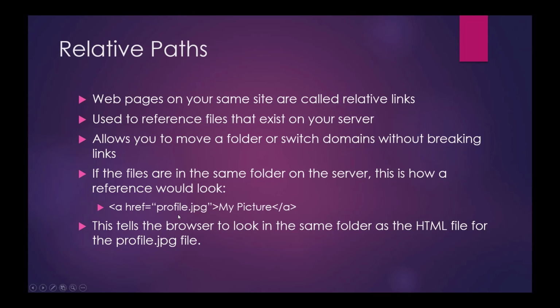Or I can use a relative link. You'll notice I do not have the HTTP at the beginning, and I just say, hey, from where this current file is running, look in the same spot for something called profile.jpg. And it's able to find it because that's a relative path. This basically tells your browser to look in the same folder as your HTML file for that picture.